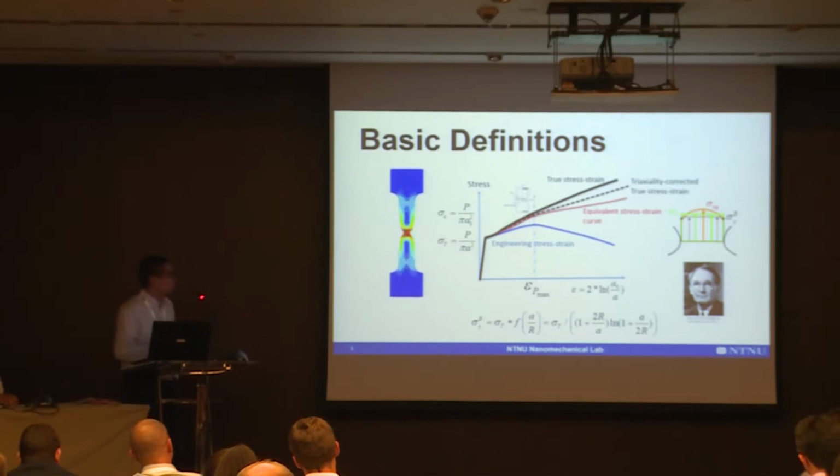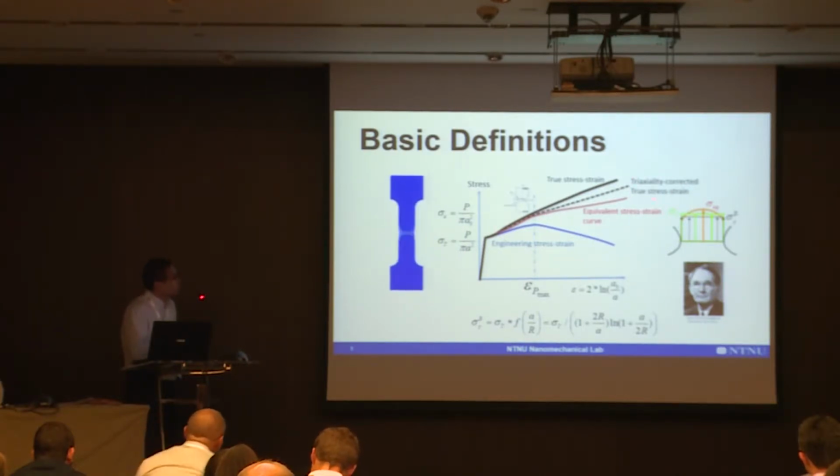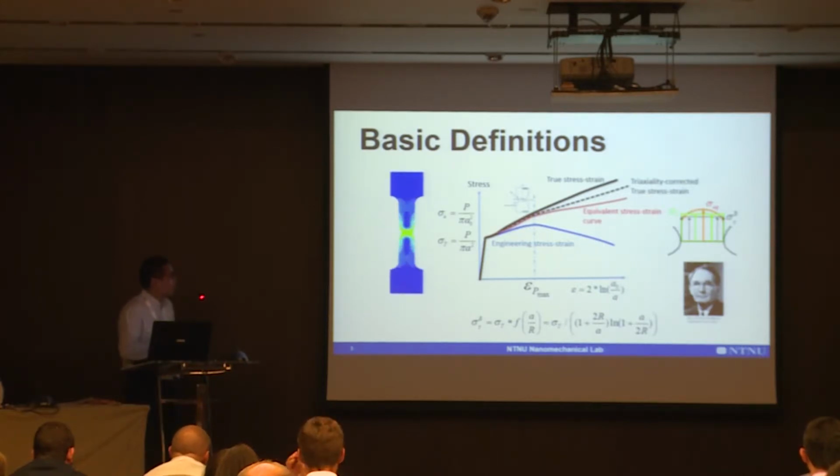notch curvature radius. Although this method is widely used, it may not be accurate sometimes for different materials. And the gap between the Bridgman corrected stress and the material's equivalent stress sometimes may be very high.